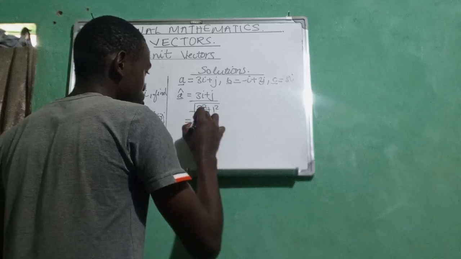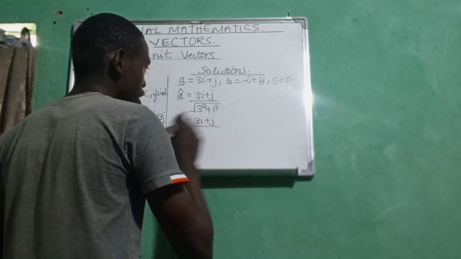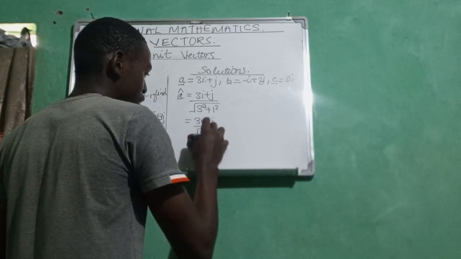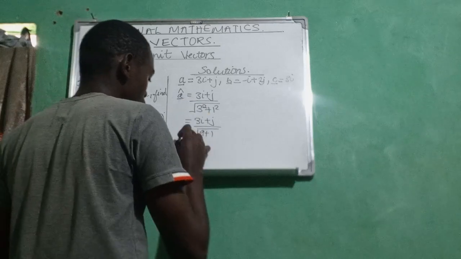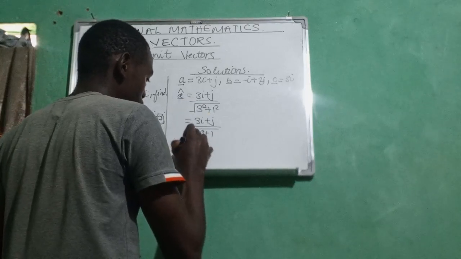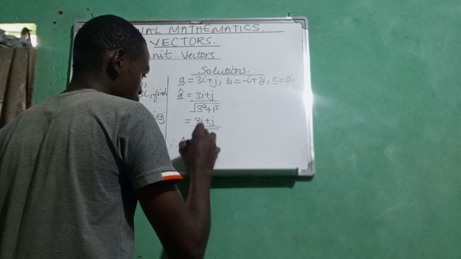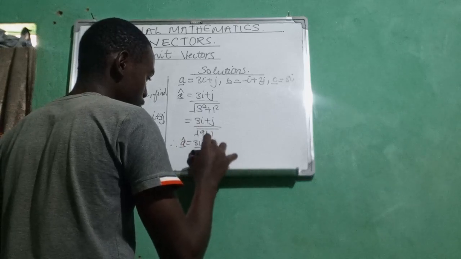This would be equal to 3i plus j, you divide by the magnitude, square root of 9 plus 1. So this would therefore be A hat is equal to 3i plus j, we divide by the magnitude square root of 10.